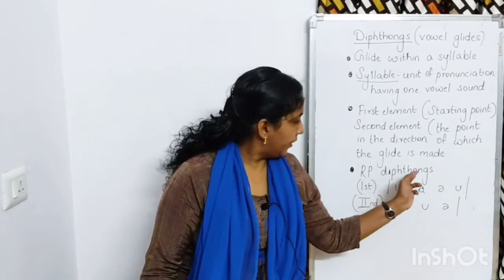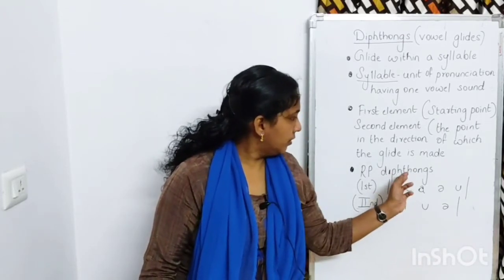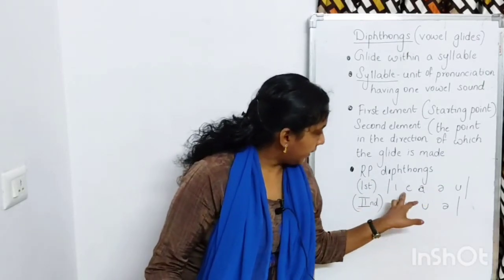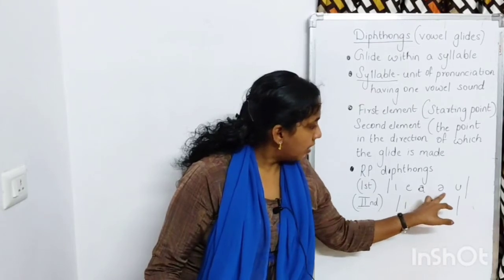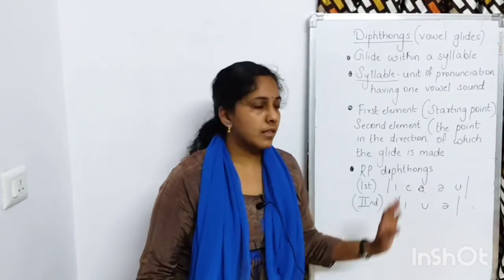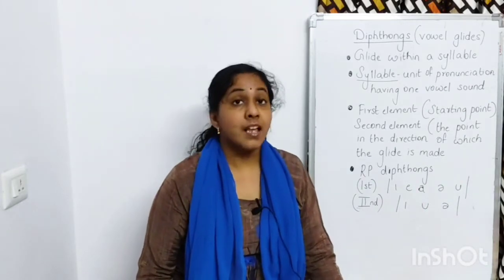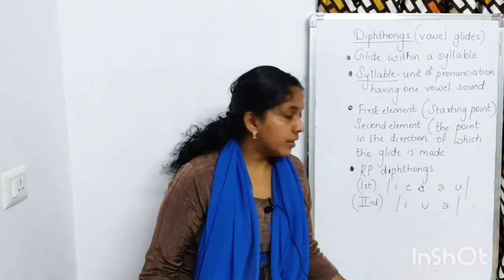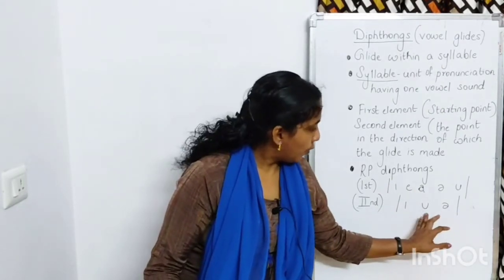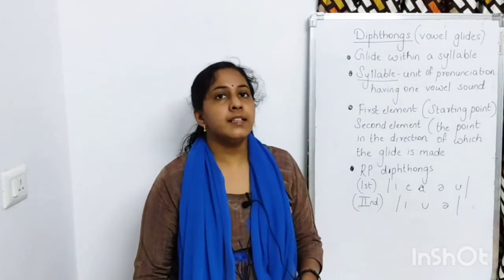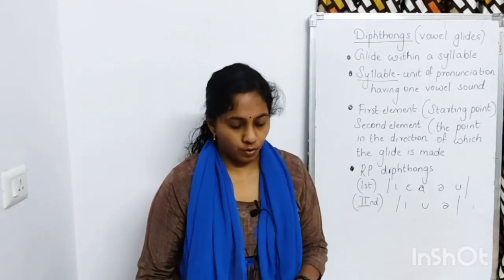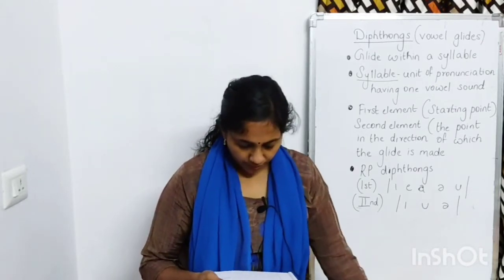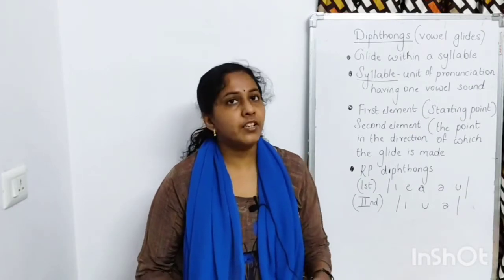Then coming to RP diphthongs. Usually in RP diphthongs, the first elements are E, A, and U, and the second elements are usually E, U and A. We saw what RP is: received pronunciation, a standard form of British English pronunciation.